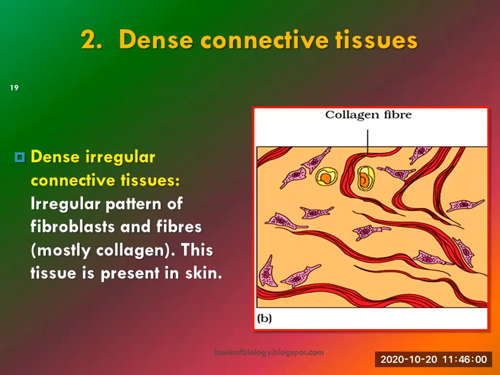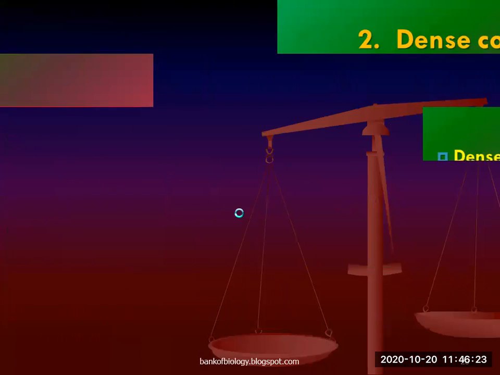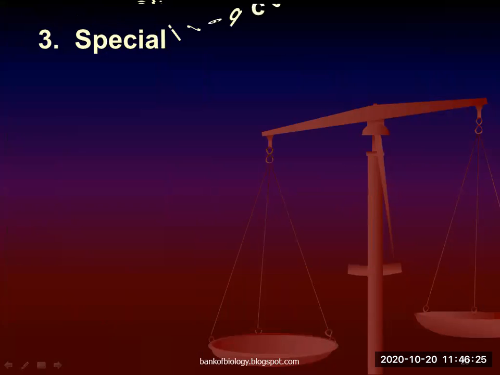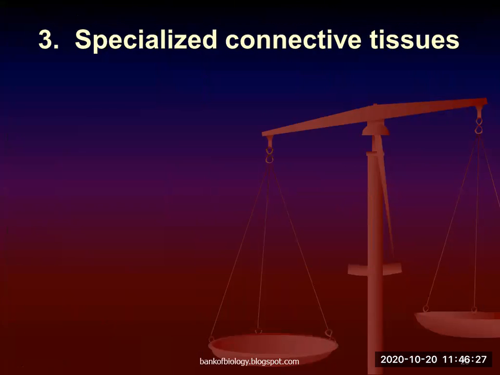We can see this tissue below the skin and in many other areas: periosteum of bone, perichondrium of cartilage, endosteum of bone, dura mater of the brain. Simply we say, except the lungs, almost all the internal organs of the body are covered with this dense irregular connective tissue from the point of view of protection.